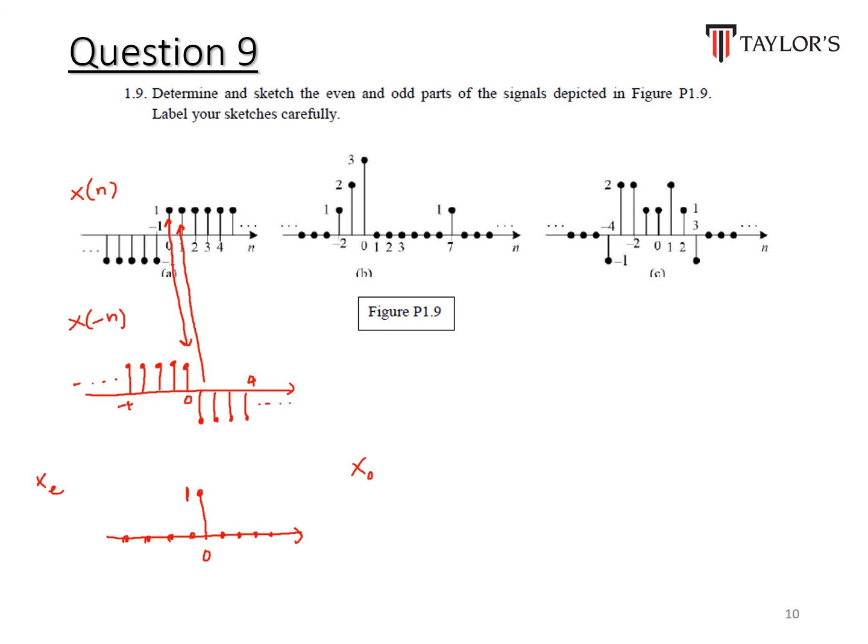The odd signal is given by x[n] minus x[-n]. You can do point by point again as well. So for 0, this point 0 is 1 minus 1 and divided by 2, so it becomes 0. For point 1, it is 1 minus negative 1 and divided by 2.